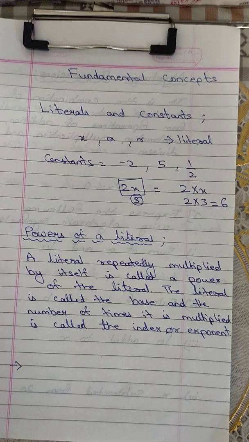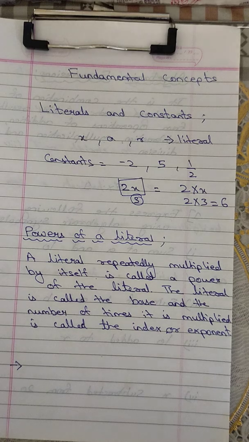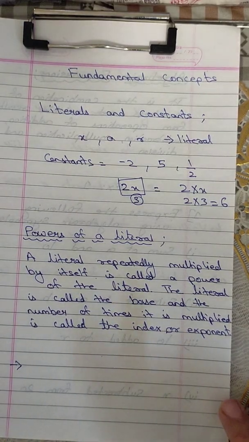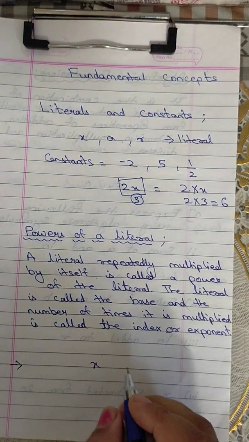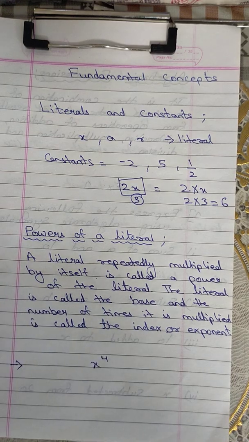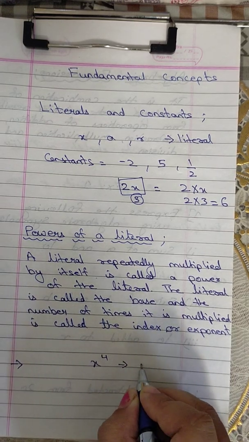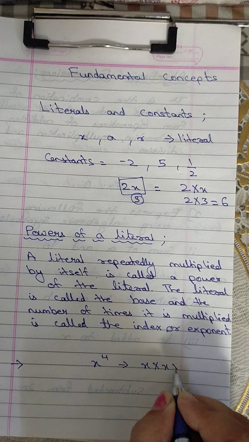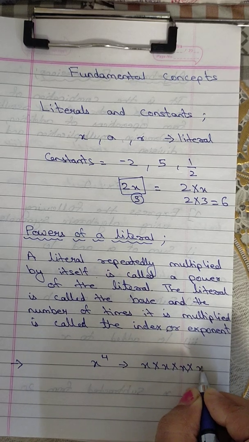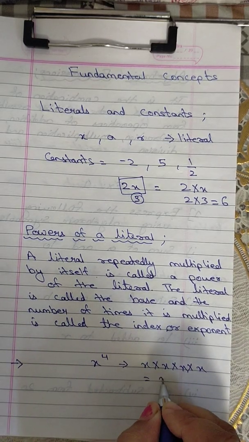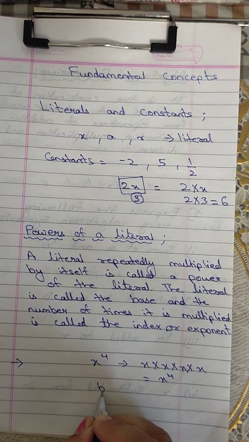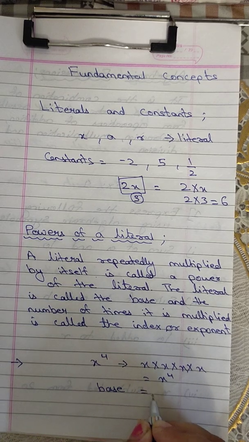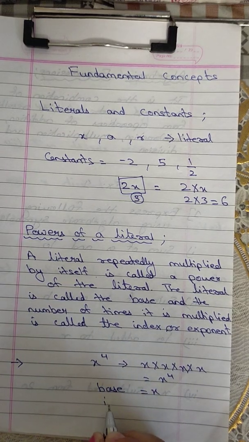Now let's move on to the next topic, powers of a literal. Suppose we take a literal, any variable x, which has a power 4. It means x is multiplied by itself 4 times, so it becomes x to the power of 4. Here x is called the base and the index is 4.